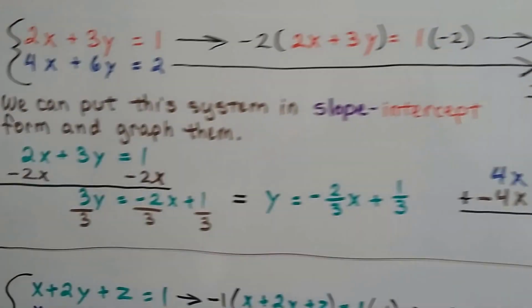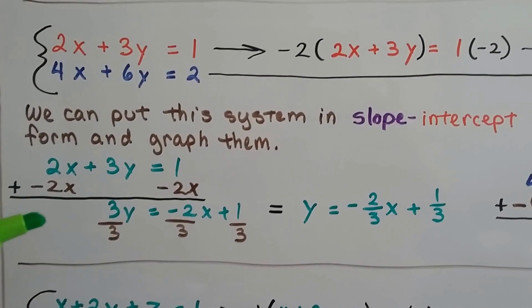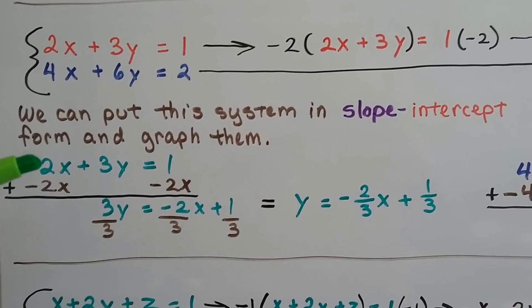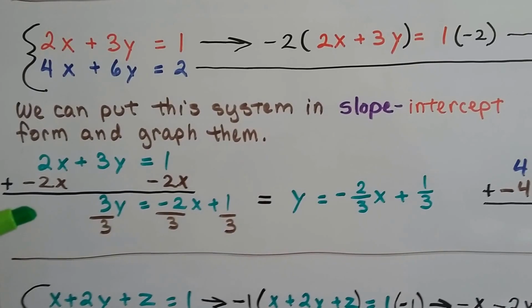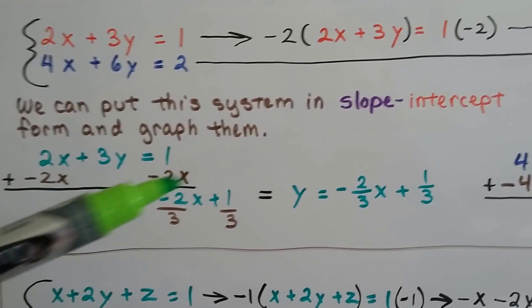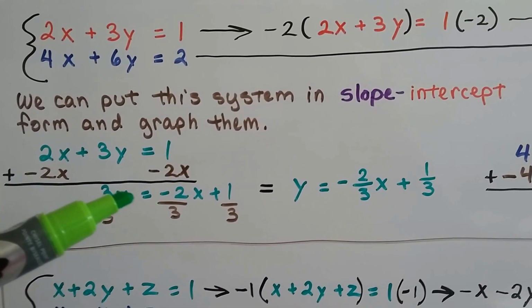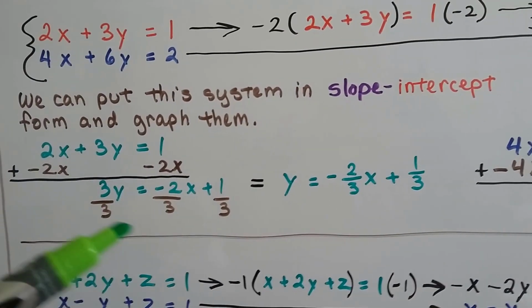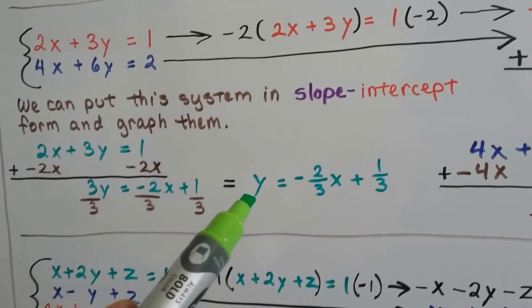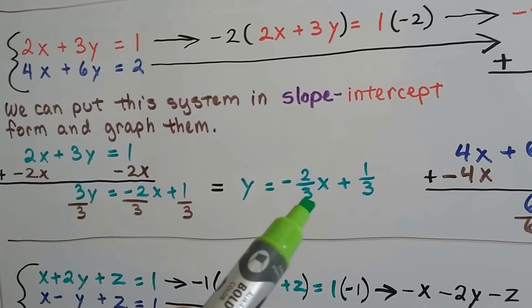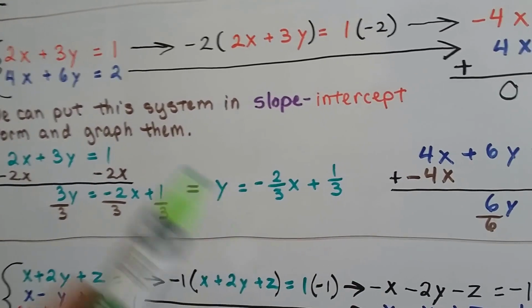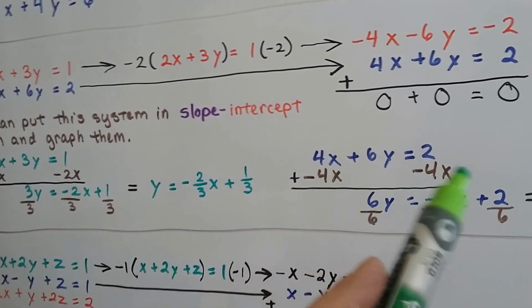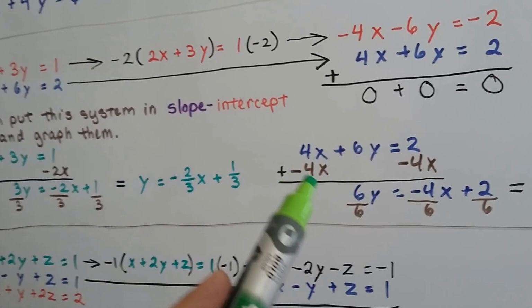And we can put this system in slope-intercept form and graph them. So if we put this first one, 2x plus 3y equals 1, into slope-intercept form, subtracting the 2x from each side, we get 3y equals -2x plus 1. We divide each one by that coefficient 3. And in slope-intercept form, we have y equals -2/3 x plus 1/3. When we do it to this one, we subtract the 4x from each side, or add a -4x, same thing.